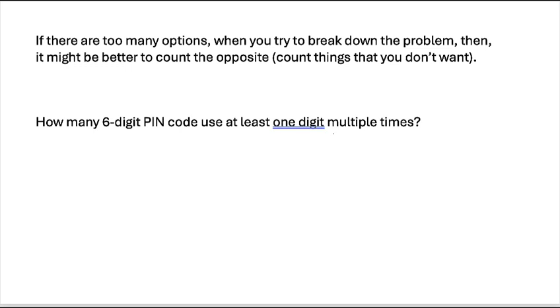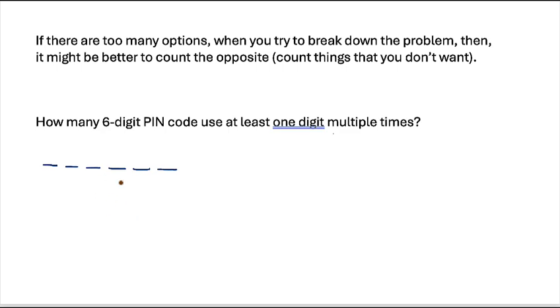So for example, this is the question: how many 6-digit PIN codes use at least one digit multiple times? Okay, so let's break down this question. I have a 6-digit PIN code. So, well, I have 1, 2, 3, 4, 5, and 6. I have 6 digits.